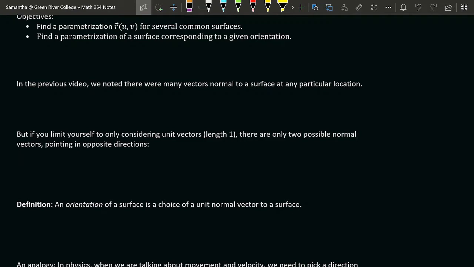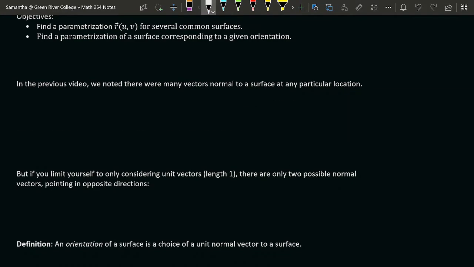And to set the stage for our talk about orientation, let's go back to the previous video for a minute and remember that when we concluded yesterday's video, we noted that a particular surface had many possible normal vectors at any particular location. For example, if you had a sphere and you were considering the location on the sphere on this right side, then one possible normal vector was outward facing, maybe of a particular length of 1 or something.